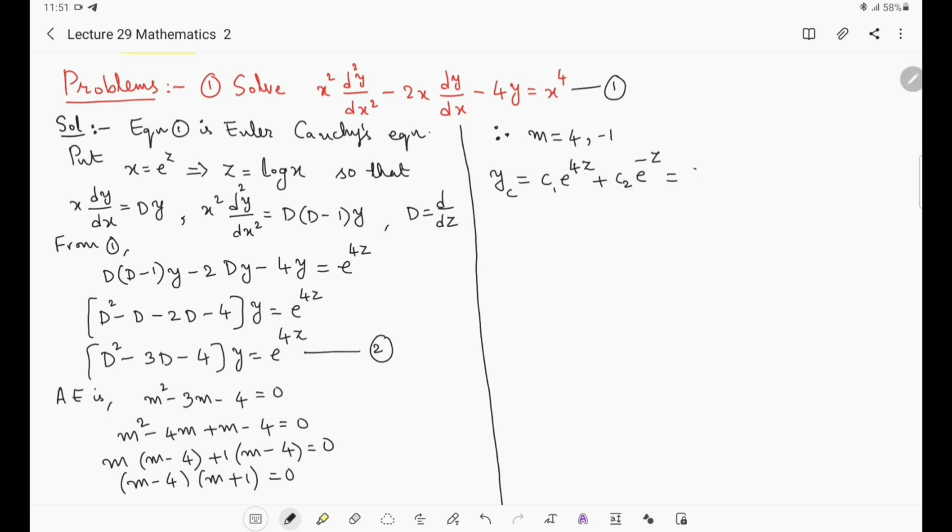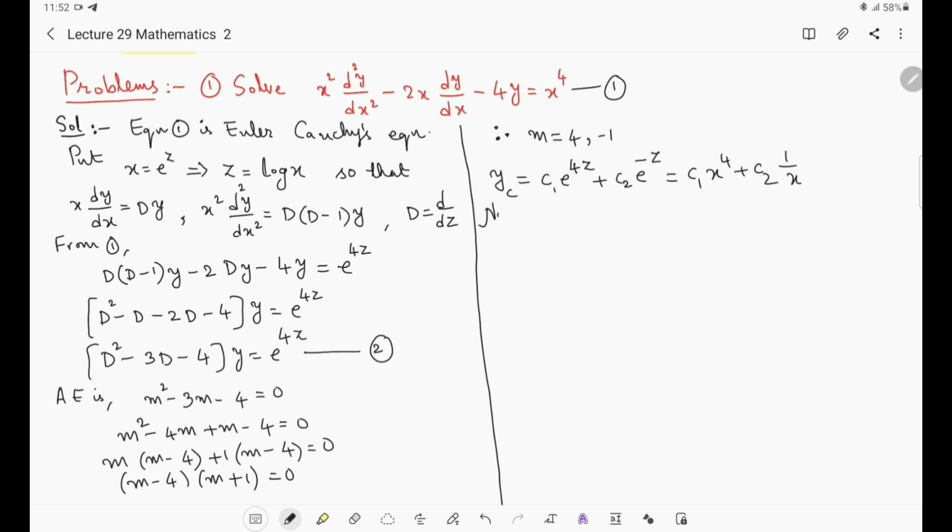So this is c1 x power 4 plus c2 e power minus z. E power z whole power minus 1 gives x power minus 1, which is nothing but 1 by x. So c1 x power 4 plus c2 into 1 by x is the complementary function of the given equation, right?